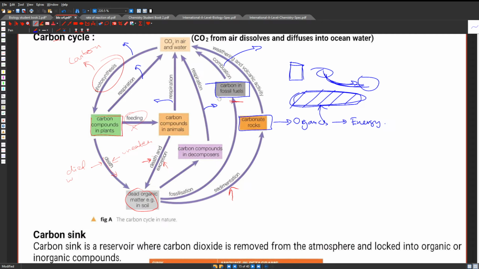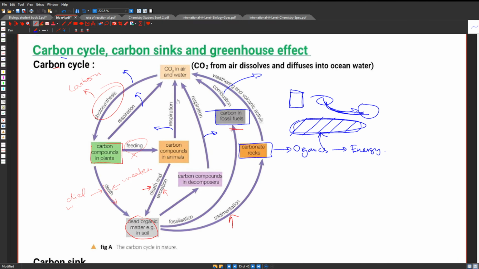Okay, it's not necessarily that when we respire, we're pushing out organics. See, not all organics can be used. No, but it can. CO2 is exactly used in photosynthesis, in carbon fixing, to produce energy.